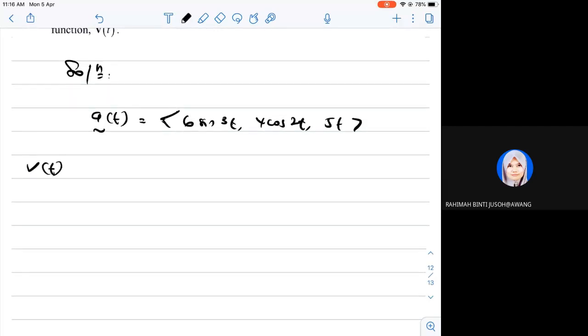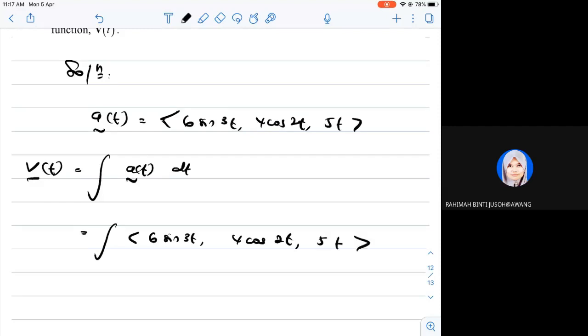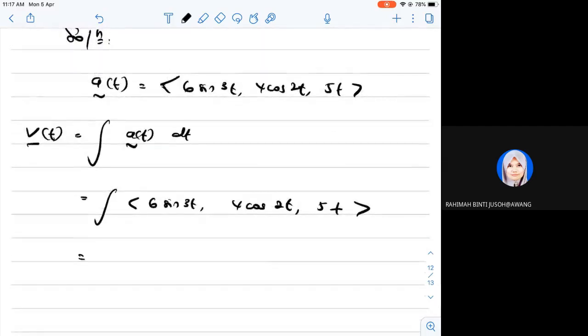So VT equals to integration of AT. So you kena integrate 6 sin 3t, 4 cos 2t, 5t. So bila integrate macam mana ni?